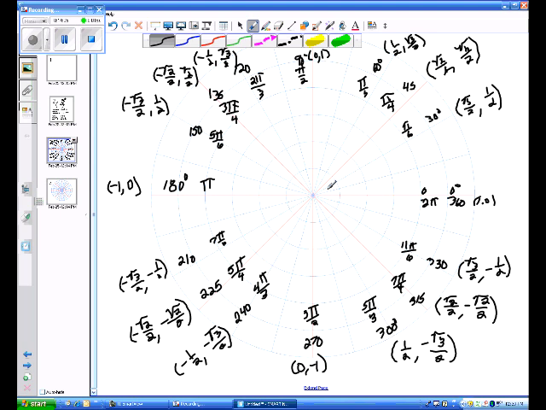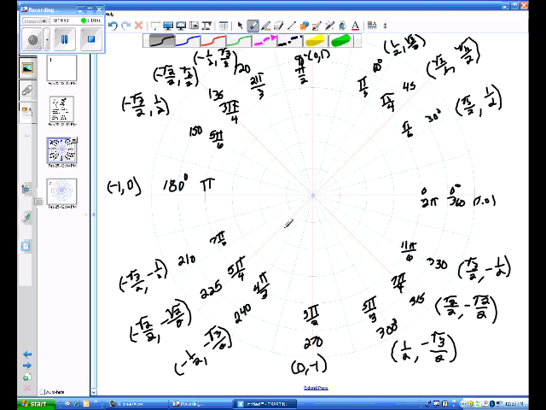And so you can see how your angles are reflections of each other. The same thing, 30 degrees in the first quadrant to 30 degrees in the fourth quadrant. And all that's changing is whether they're positive or negative. And so we can actually use the unit circle then to find some values.